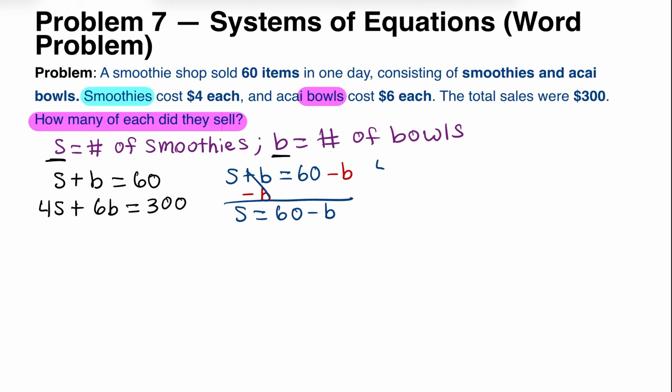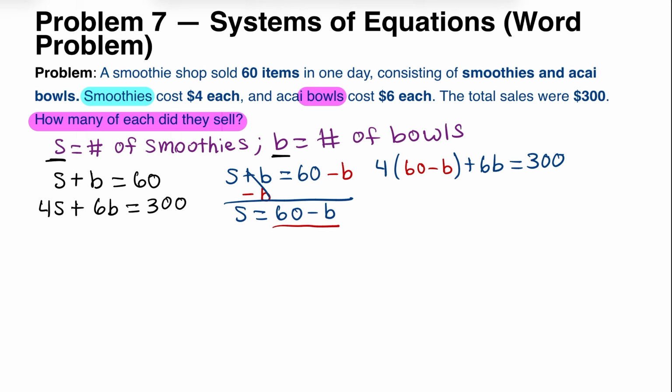We have 4 times 60 minus B for S, plus 6B equals 300.